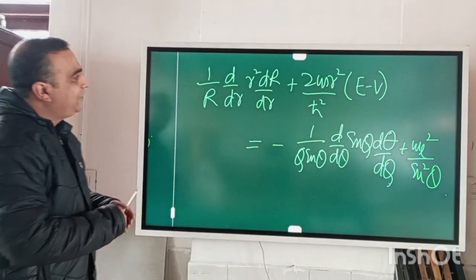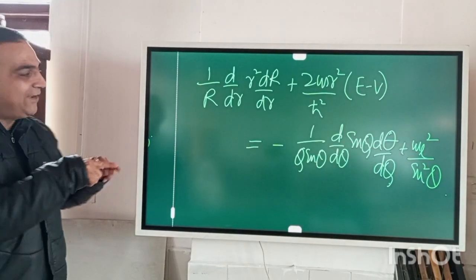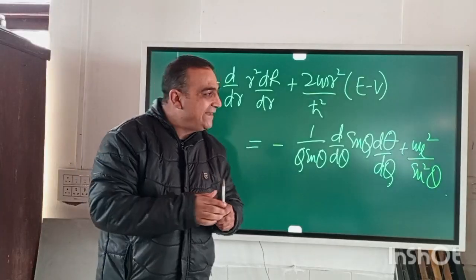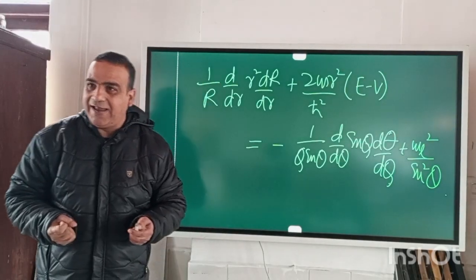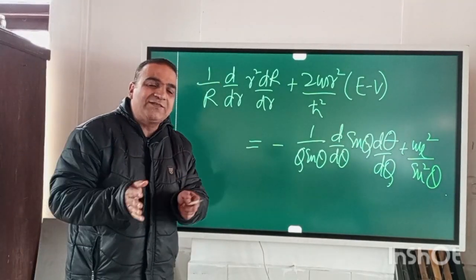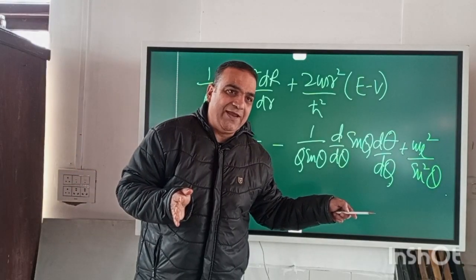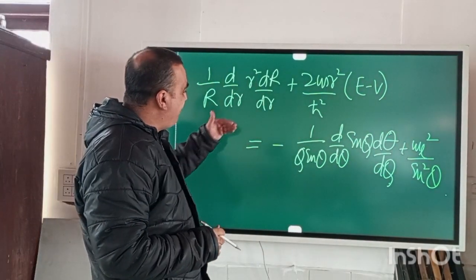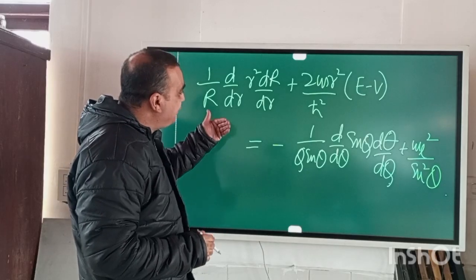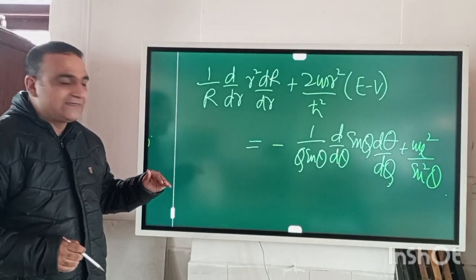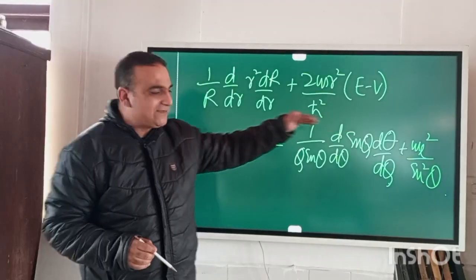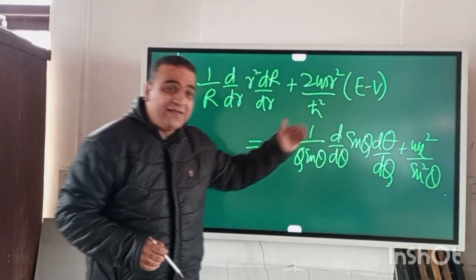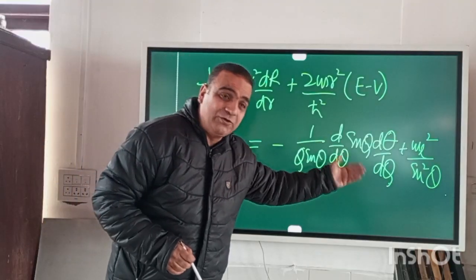Now you have the left hand side of the equation and the right hand side of the equation. So now the point is that you have to introduce a constant. People have already worked on this, and what they observed is that they introduced a constant so that the left hand side is equal to that constant, and the right hand side is also equal to that constant.